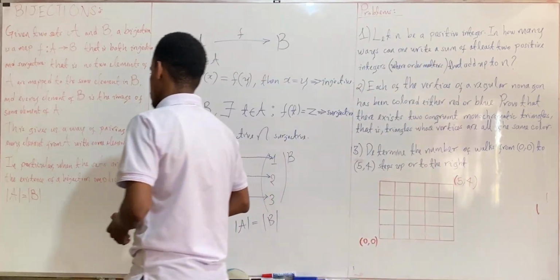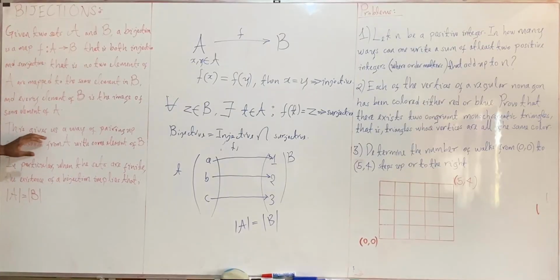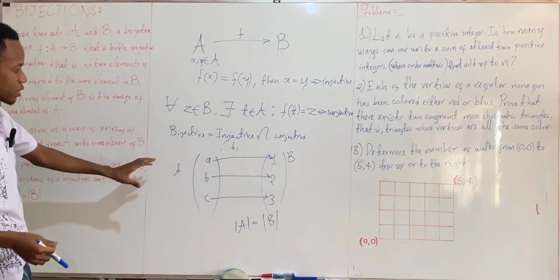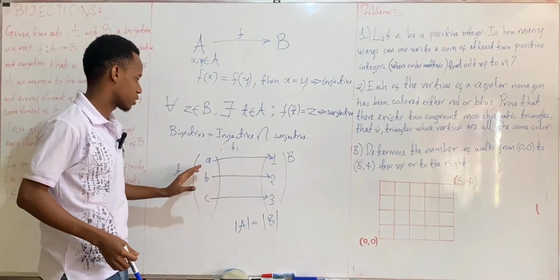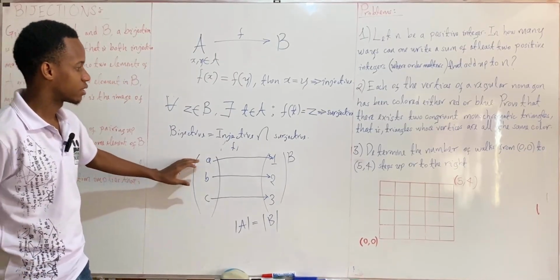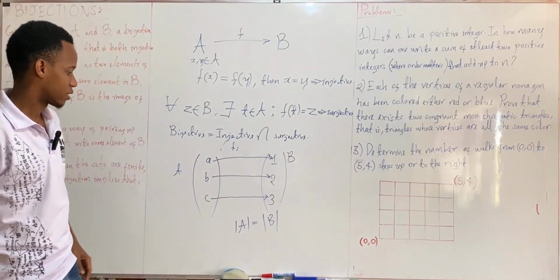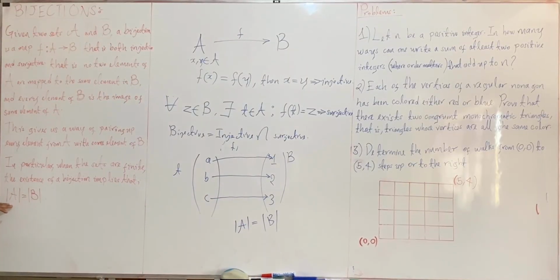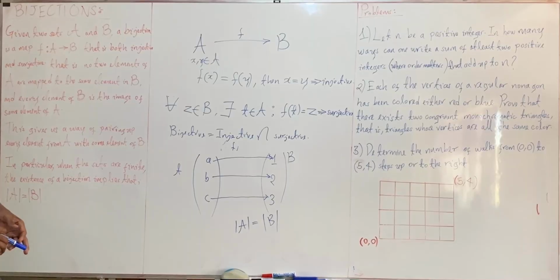This gives us a way to pair up every element from A with some corresponding element of B. There is a one-to-one correspondence between the elements in the set A and the elements in the set B, which gives this equality whenever the sets are finite.